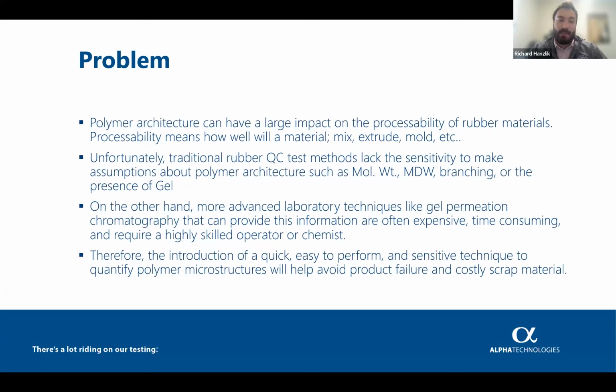On the other hand, more advanced laboratory techniques like gel permeation chromatography or GPC that can provide this information are often expensive, time-consuming, and require a highly skilled operator or chemist to perform the tests. Therefore, the introduction of a quick, easy-to-perform, and sensitive technique to quantify polymer microstructures can help avoid product failure and costly scrap material.